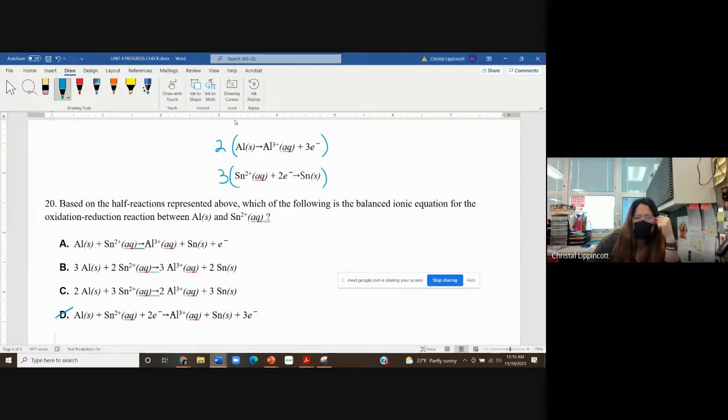This one has electrons still, so he's gone. This one has electrons in it, so he's gone. So I've got 2 down now. We've got to figure out what's going to be next. Well, here we have 2 and 3, so they're multiplying that there. Here, they're multiplying the aluminum by 3. So that wouldn't work. So it has to be C. Does that make sense, Matthew?